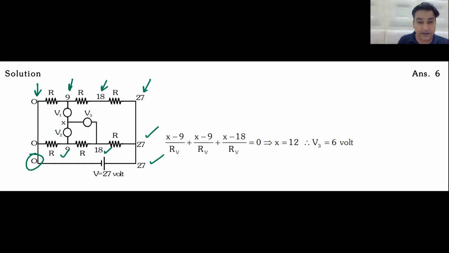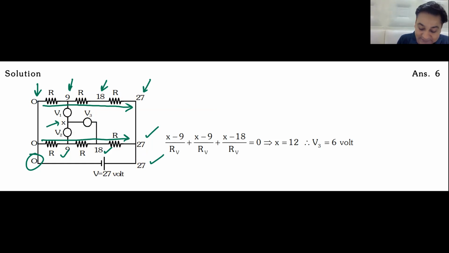So current only flows in the upper branch through R1, R2, and R3 like this, and in the lower branch like this. And all the resistances are same. Therefore, the voltage drop across each resistance would be same, and that would be equal to 9 volts. That was the catch of this question.